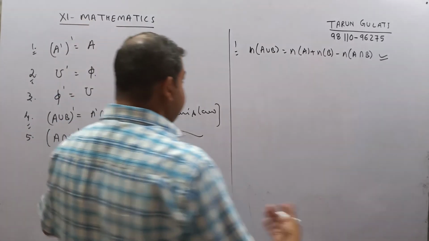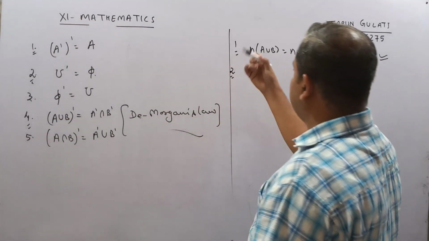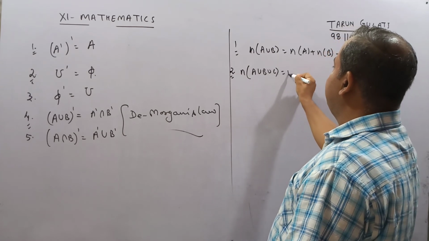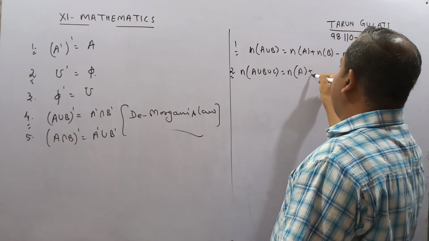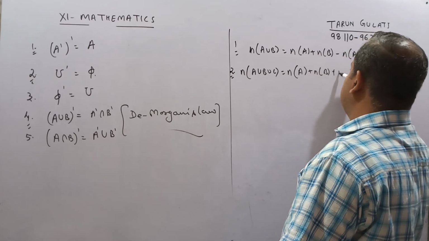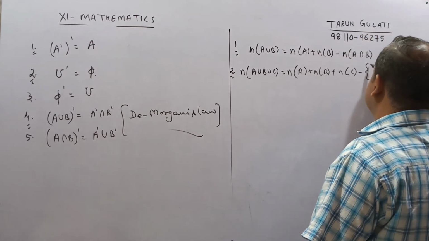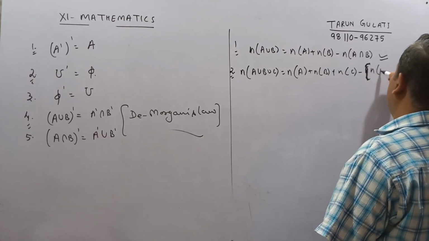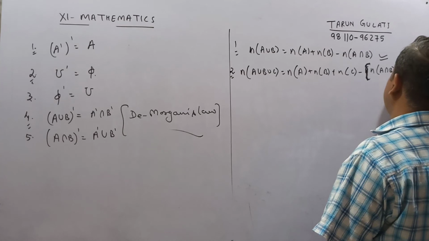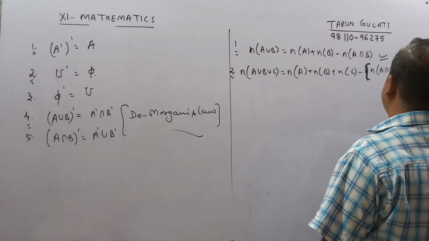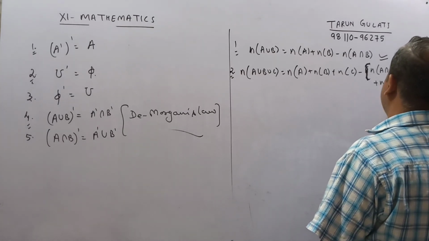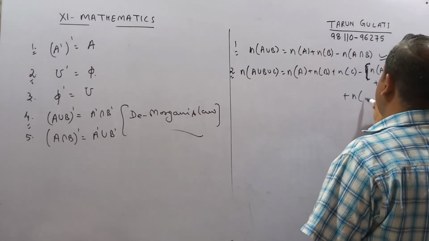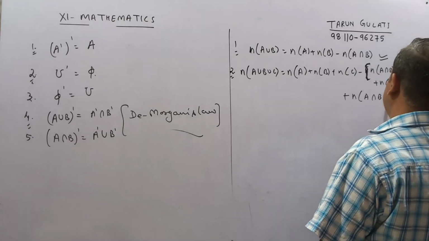Number 2, if there is a complication where we consider three sets at a single time, A union B union C, then n(A union B union C) equals n(A) plus n(B) plus n(C), minus n(A intersection B) minus n(B intersection C) minus n(C intersection A), plus n(A intersection B intersection C).